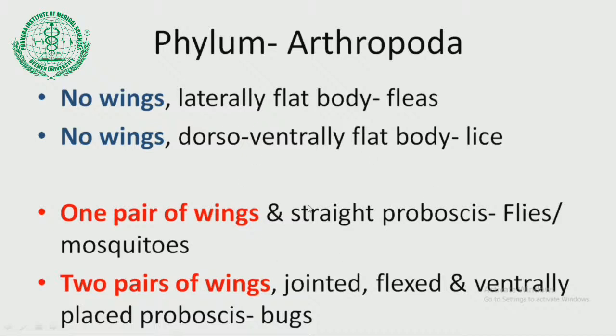or lice. And in the winged ones, if they are having one pair of wings along with a straight proboscis, they can be flies or mosquitoes. You already know mosquitoes are having only one pair of wings and a straight proboscis. So these are the examples, mosquitoes and flies. And in the winged ones, having two pairs of wings with joint, flexed and ventrally placed proboscis, the example will be bugs, different kinds of bugs.